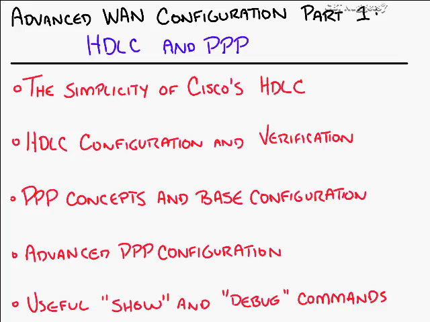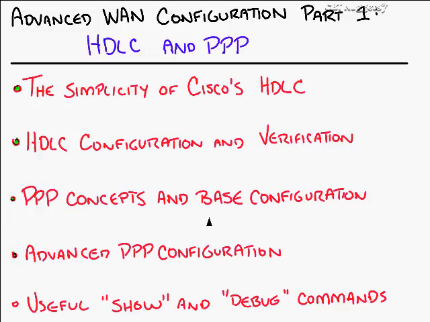Phew, so what have we seen in this nugget? Well, I think I blinked twice and we covered HDLC, which was a very, very base configuration. It's a quick, easy way to get a WAN link up and running. But the vast majority of the chapter was spent on PPP concepts and base configuration. We really just delved right into this.